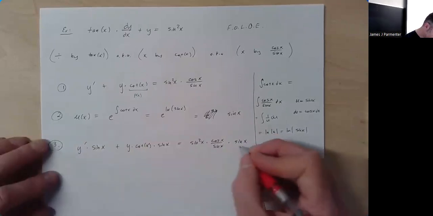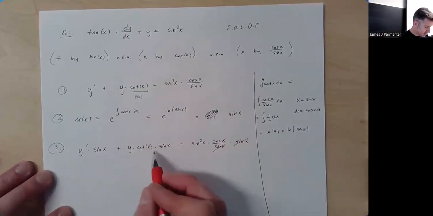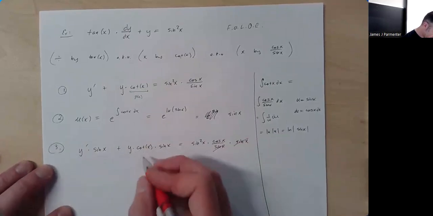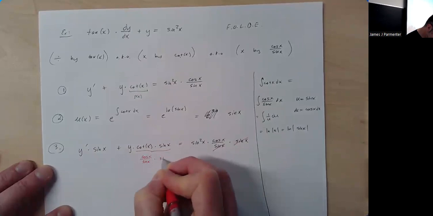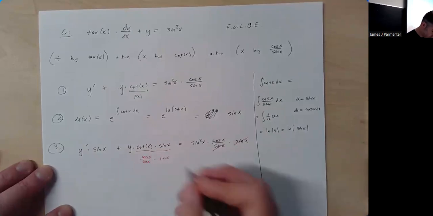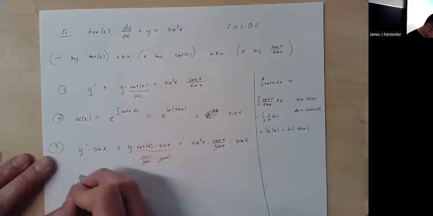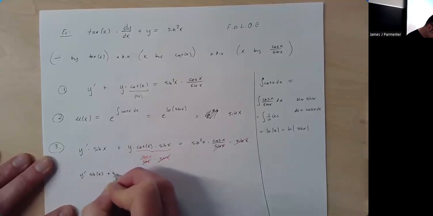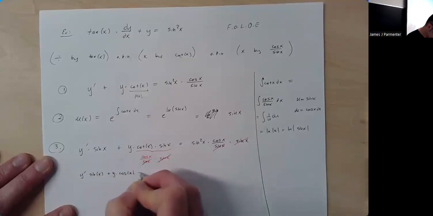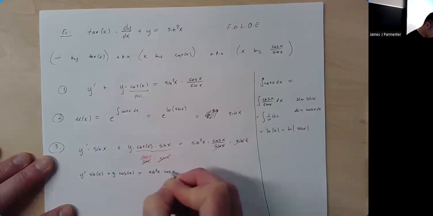So cotangent again is cosine over sine. This really ends up being cosine x over sine of x times sine of x, and then the sines cancel to just leave you with a cosine. So this really is y prime times sine of x plus y times cosine of x equal to sine squared x times cosine of x.